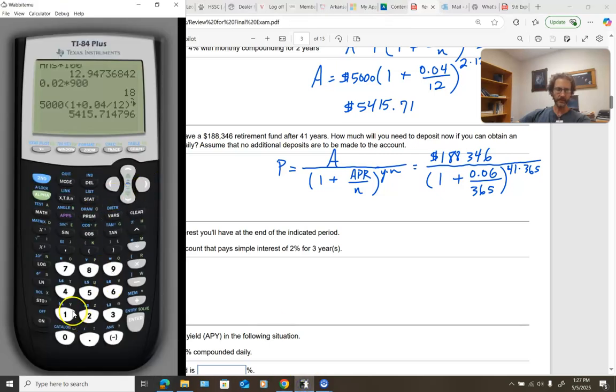I'm going to plug this into the calculator. And make sure you keep all of this in parentheses that you have in the denominator. Or, well, at least the part that's in parentheses right here.